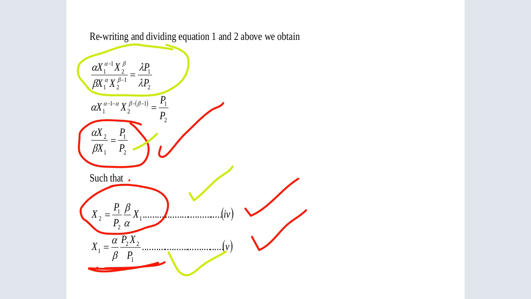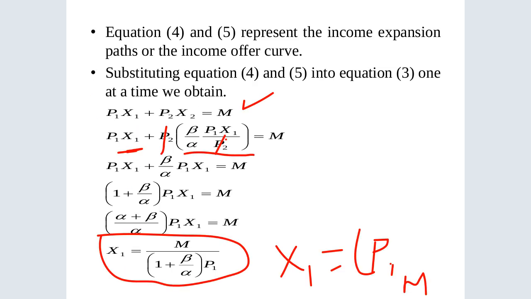Back to the budget constraint. Replace x1 with this, and also replace x2 with this one at a time. So if we replace x2 in our budget constraint, this is what you have.